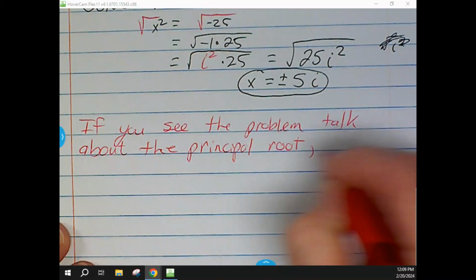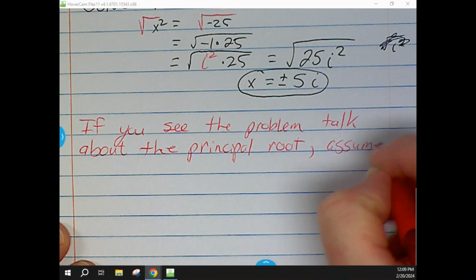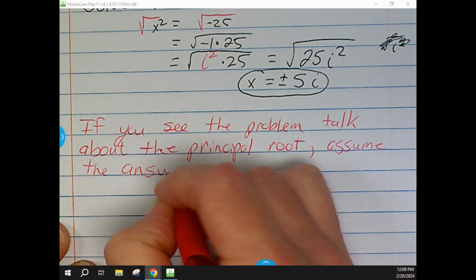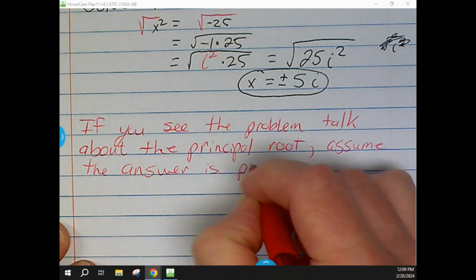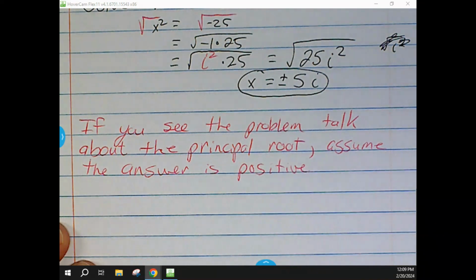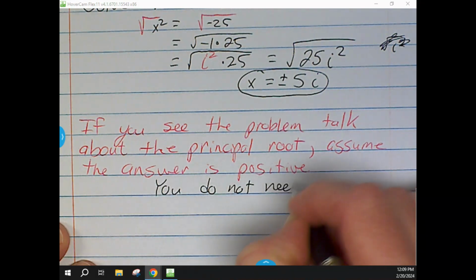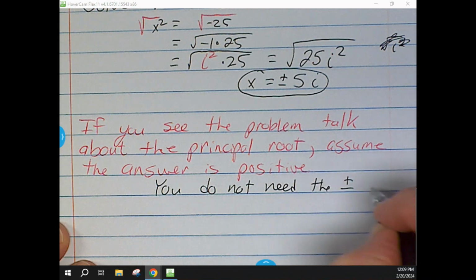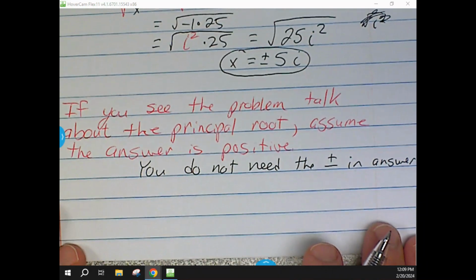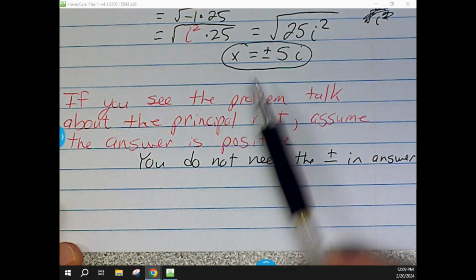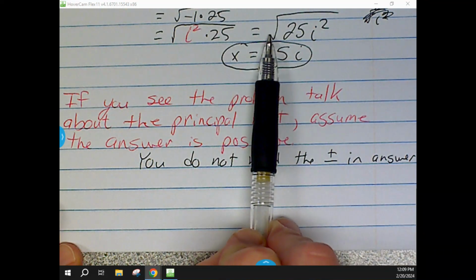For that part of it, you just assume the answer is positive. If you see that part of it, you don't need the plus or minus in the answer. So back up here, if they were saying take the principal square root of this number, you could just write 5i and not the plus or minus 5i.